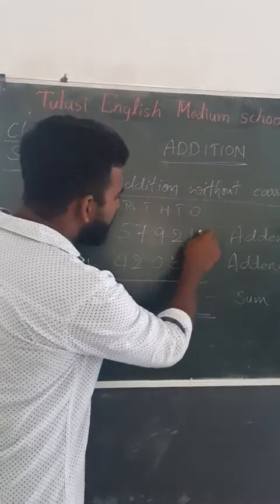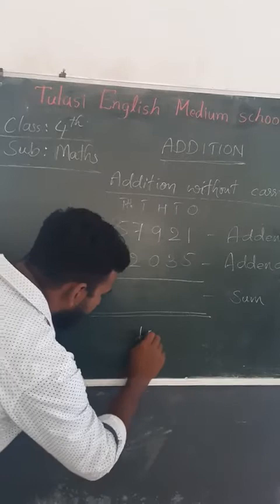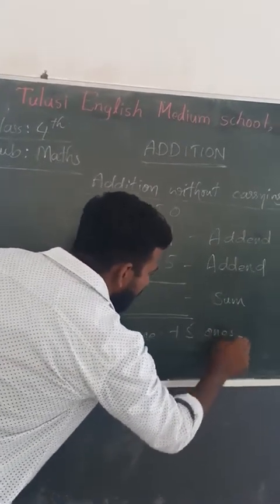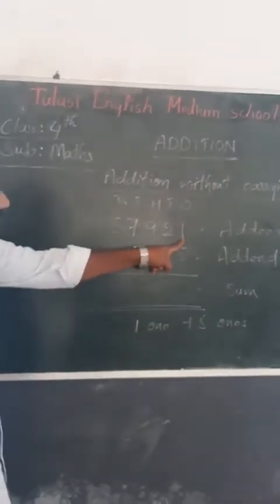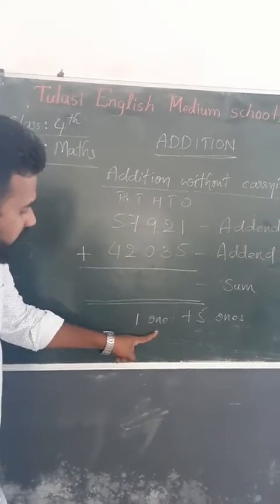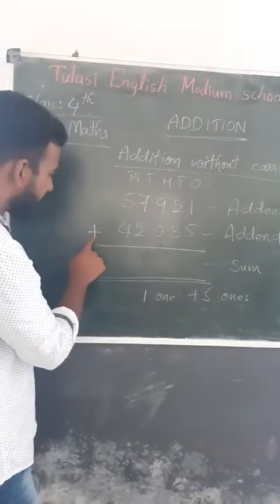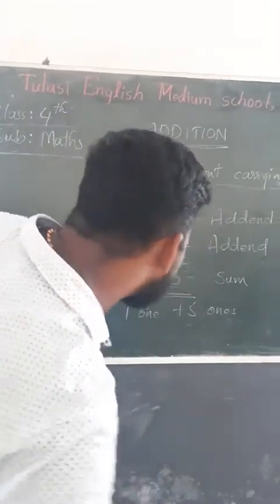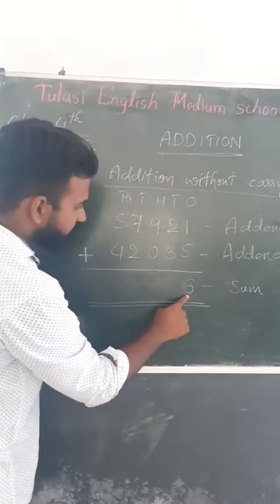So 1 ones plus 5 ones. The value of 1 is 1 here, the value of 5 is 5. One plus 5 is 6.